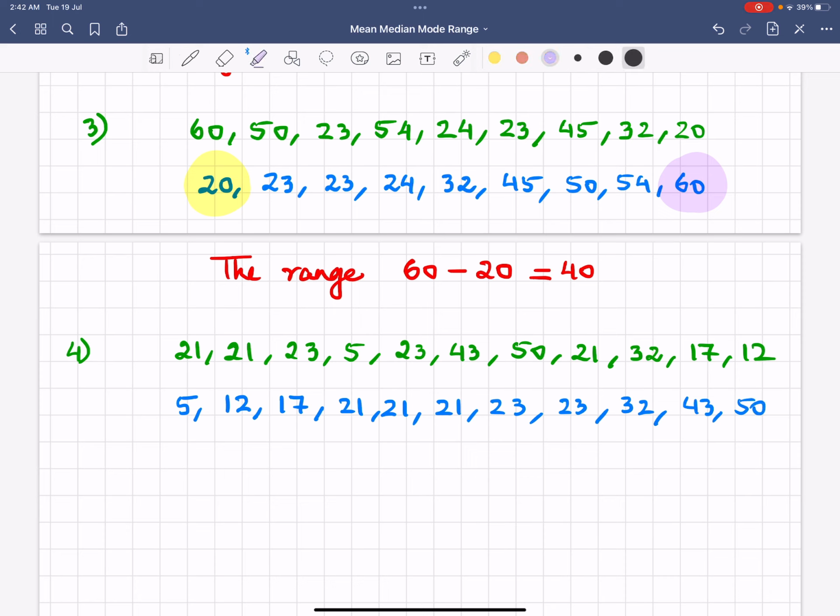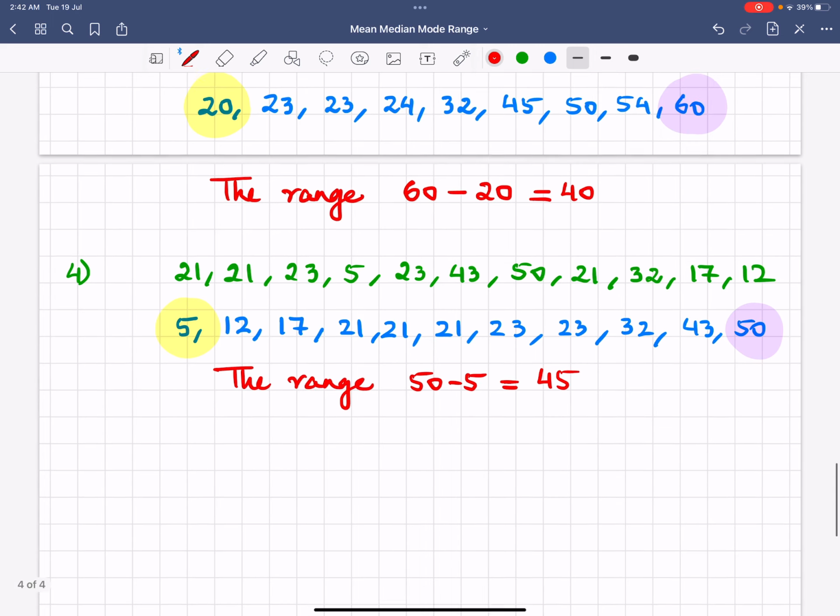So the smallest number of our data is 5 and the largest number is 50. The range is the largest number minus the smallest number, 50 minus 5. Therefore, the range is 45.